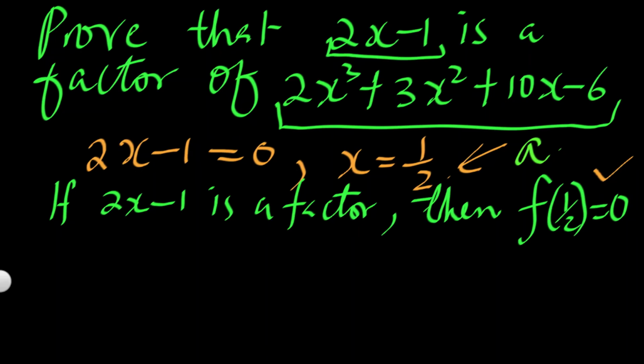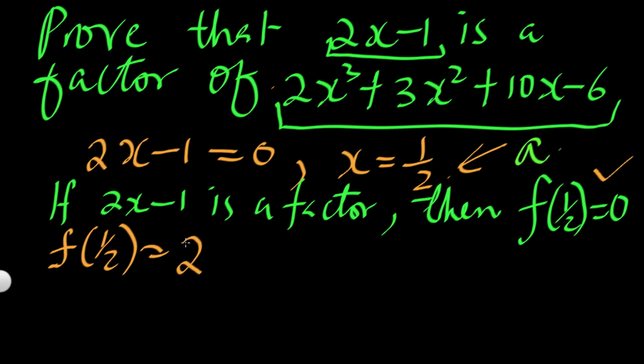Then I go to do the substitution now to prove what exactly is f of half. Now f of half means every place where I have an x, I'm putting a half in this function here.